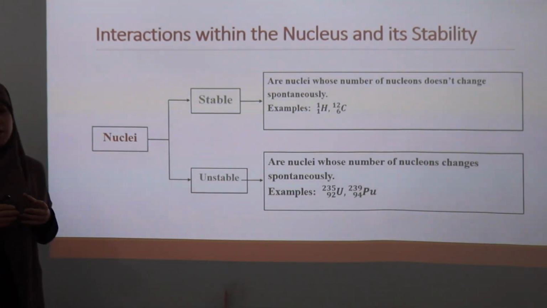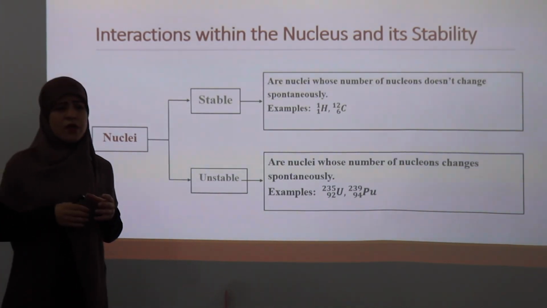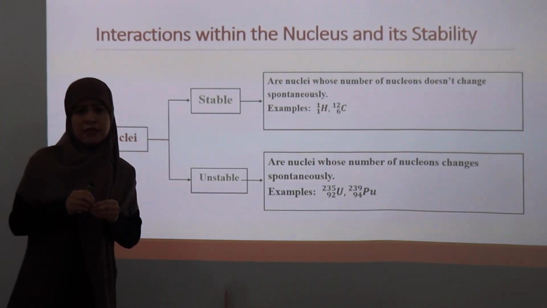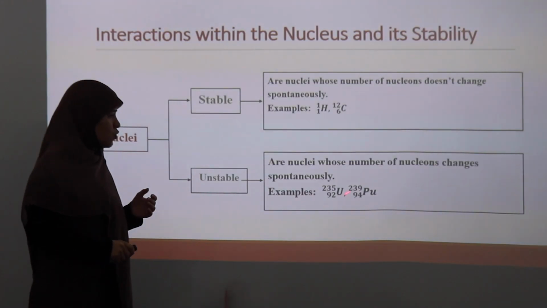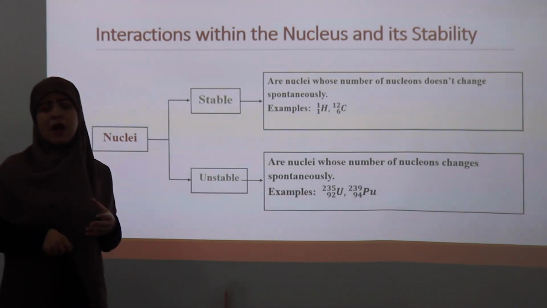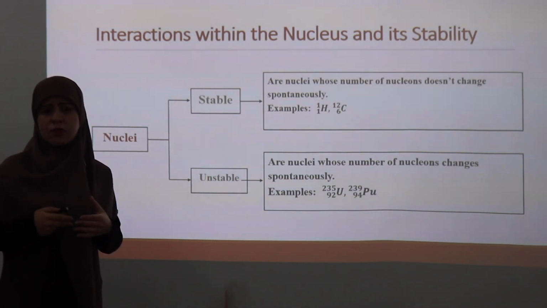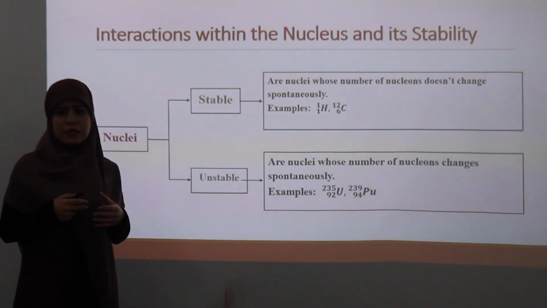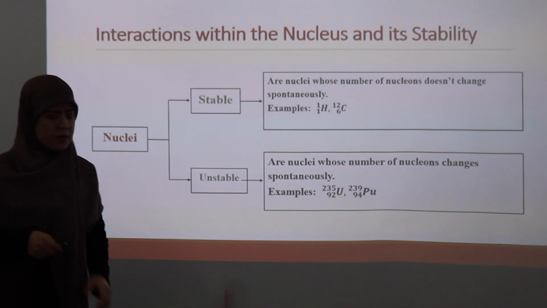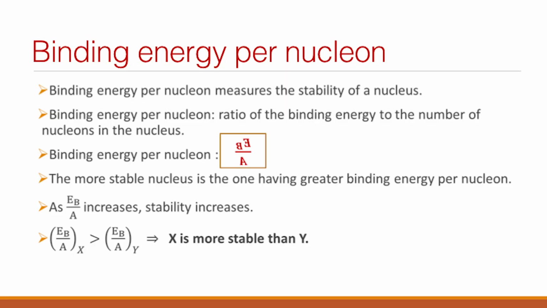While unstable nuclei are those where the number of nucleons changes and varies naturally, spontaneously. Example, uranium and plutonium, where these two nuclei disintegrate and transform into other nuclei, or lose some of their neutrons or protons.